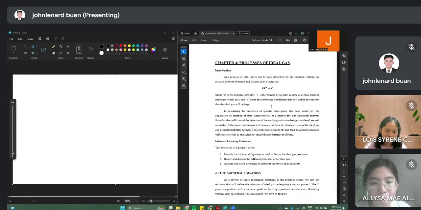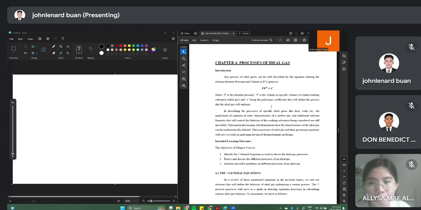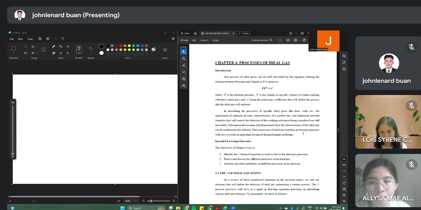The other one is in PV equals nRT, where n is the amount of substance in moles. In describing the processes of specific ideal gases, like heat, work, etc., the application of the equation of state, characteristics of a perfect gas, and additional relevant formulas that control the behavior of the working substance being considered are still inevitable.